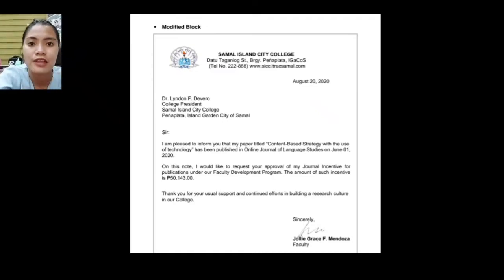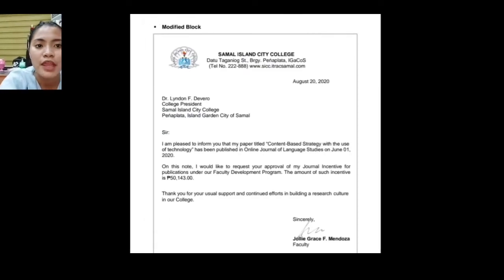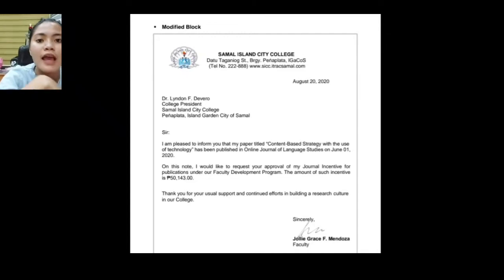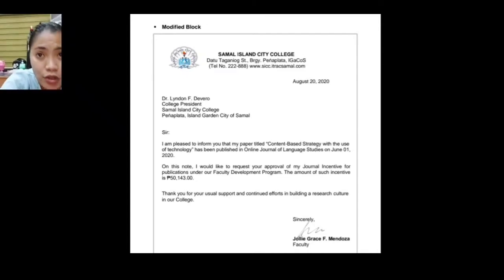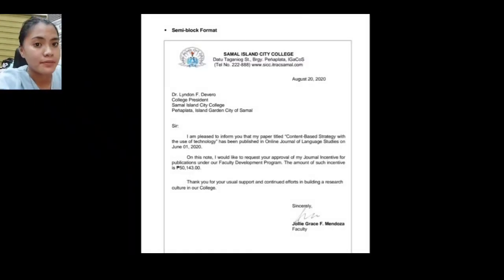Let's differentiate from the full block. So here is the aligned, and here left aligned, and here the date is over on the right side, and also the signature. So the next one is the semi-block format.